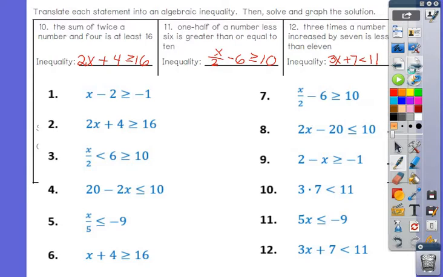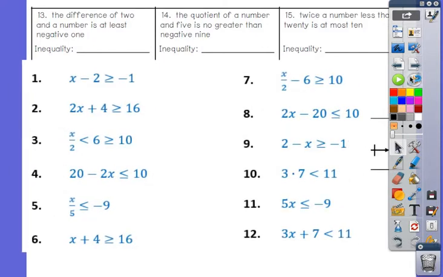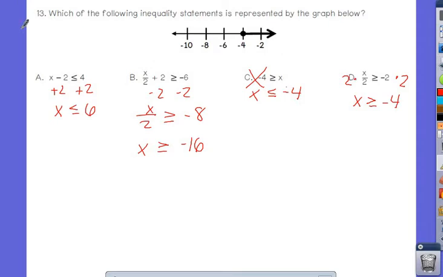All right, let's try the next 3 sets. Send me the number that matches. All right, going over this problem. You had to solve these to see which inequality was correct. There's not even a positive 6 on the graph.